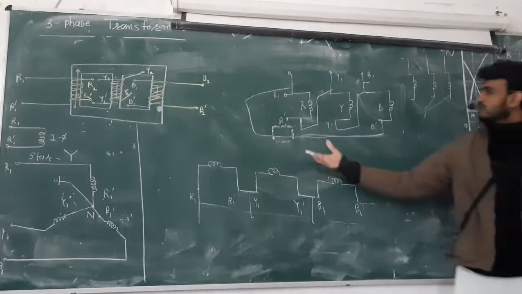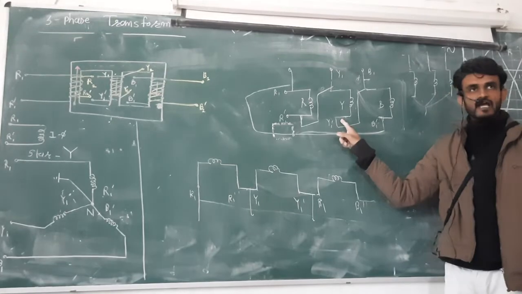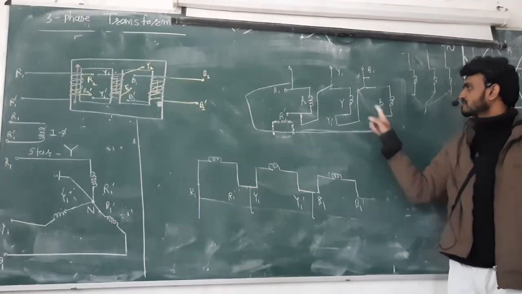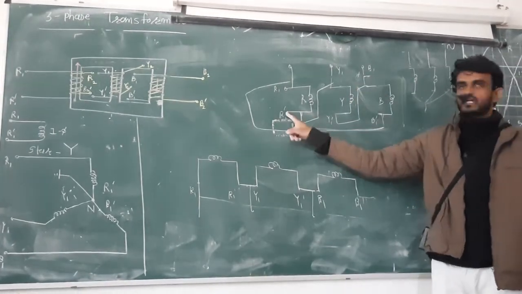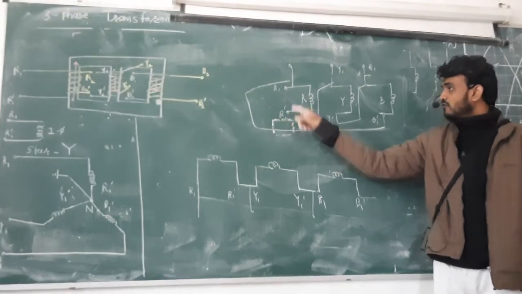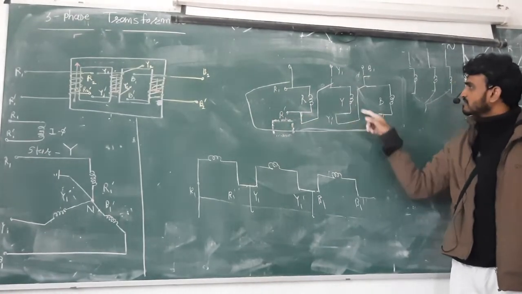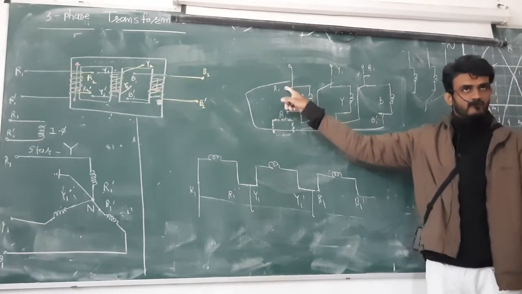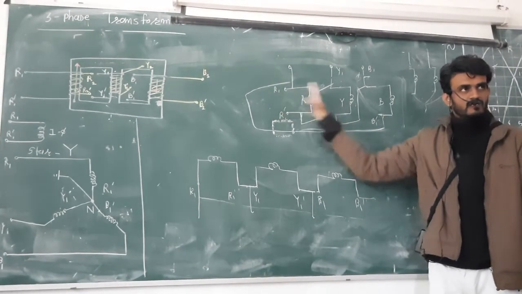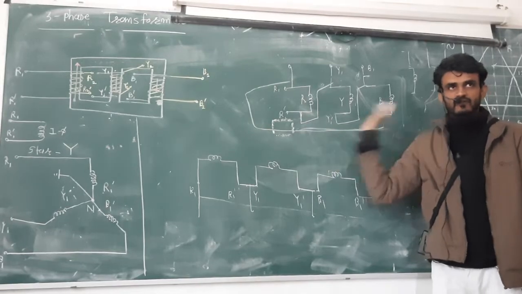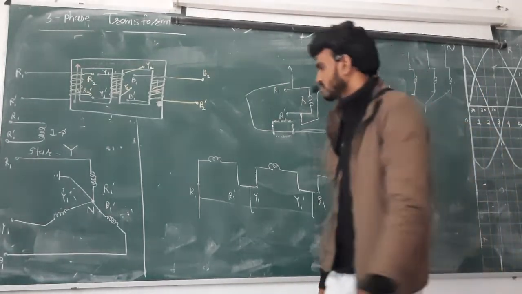So you need to follow the pattern. If one is going this way diagonally, then the first one goes this way diagonally, the third one goes this way diagonally. If you want to connect from here to first, then this one will go diagonally, then this one will go diagonally, and that one will go here diagonally. Okay. So this is the way that you can connect a delta winding. Both ways it is possible.